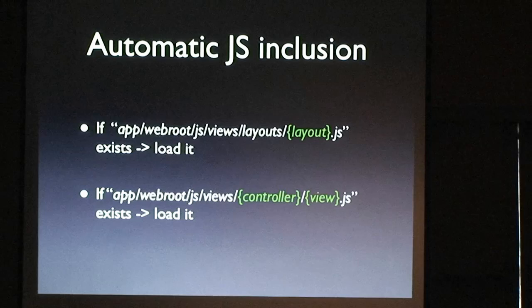I do the exact same thing for views. So I check in the views folder for a subfolder with the controller name, and then a file with the name of the view. And if it exists, I simply include it. So if at any point you decide this view needs some special JavaScript, you just drop the file in there, and it will be loaded automatically. It's very convenient for fast development.